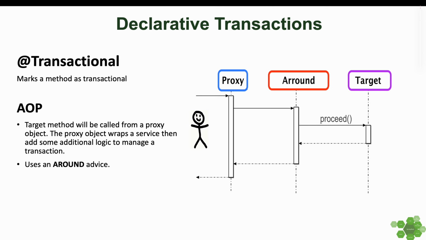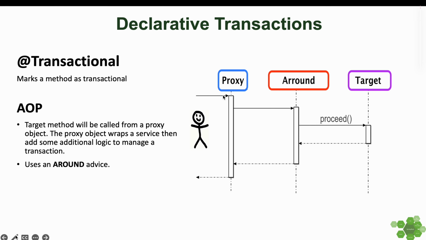So this is done with AOP, and you use an advice called around advice. Why? Because we want to control when we enter, or we can say we are interested in when you enter the method and when you exit the method. And this is how it works.